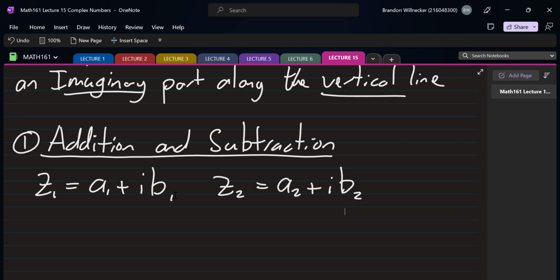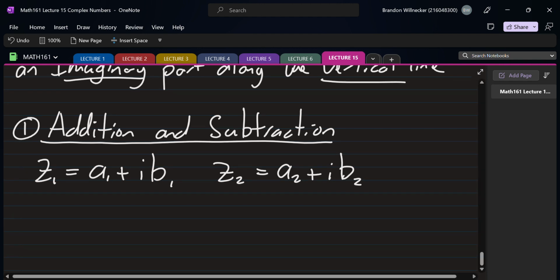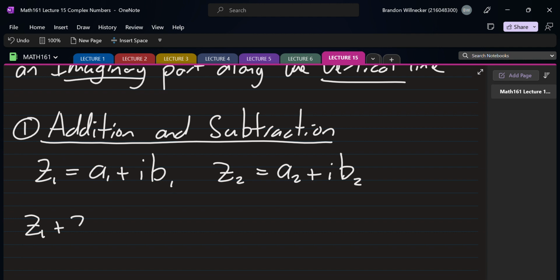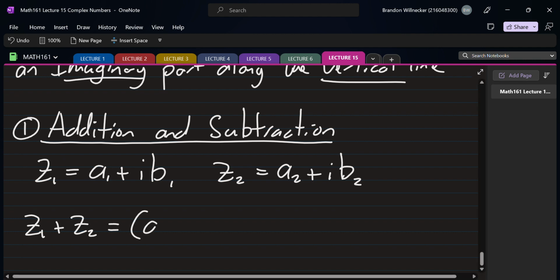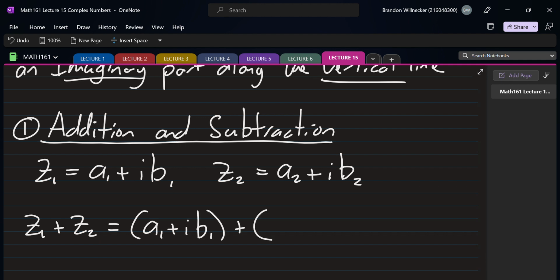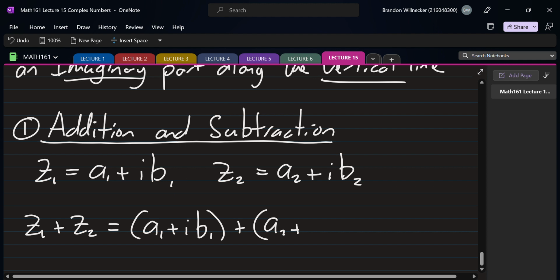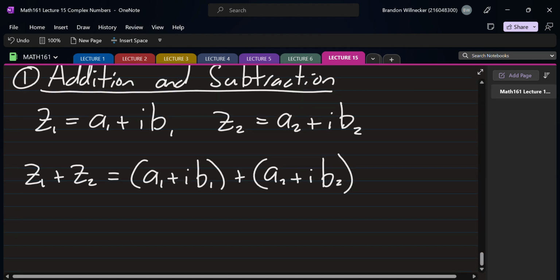You can always separate it into its two parts. So firstly, how do we add them? Z1 + Z2, what do we do? Well, let's write down Z1, that's A1 + iB1, plus Z2, A2 + iB2.